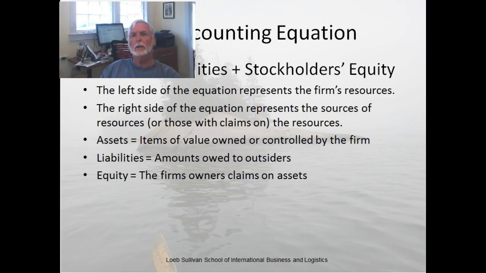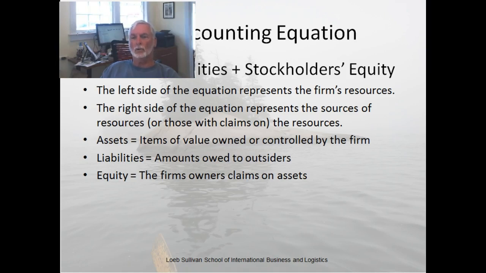So the primary accounting equation is the balance sheet equation, and that is that a firm's assets always equal its liabilities and its equity. The left-hand side of the equation, assets, is the firm's resources, things that we own that have value. The right side of the equation is the claims on those resources.